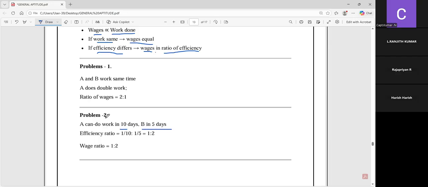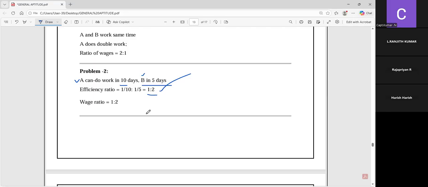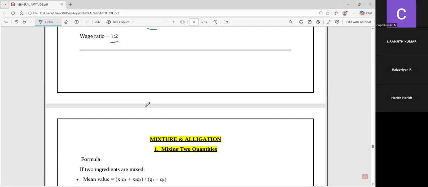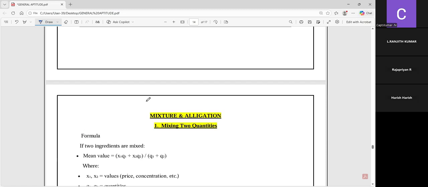So the efficiency ratio is 1/10 for A, 1/5 for B. So the ratio is 1/10 to 1/5. Cancel that, we get 1:2. This is the ratio. So what is the wage ratio? 1:2. So this is our next important property.